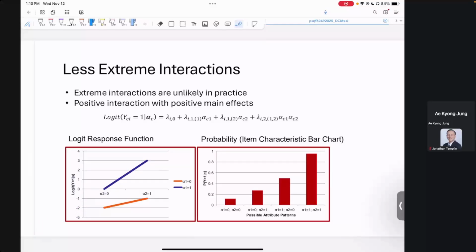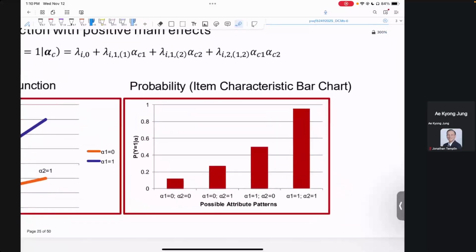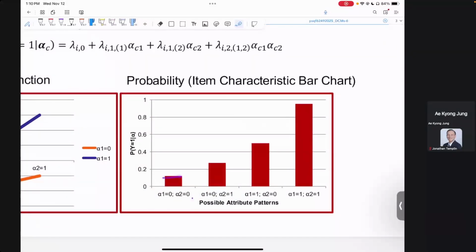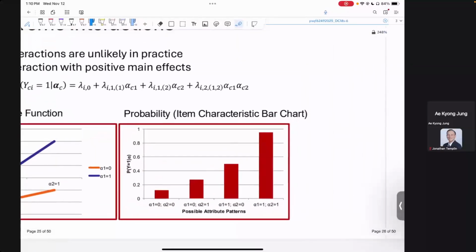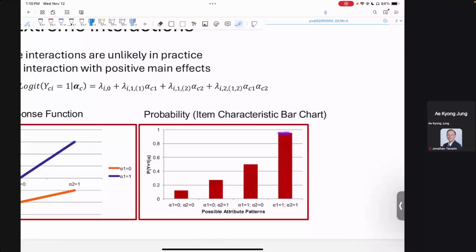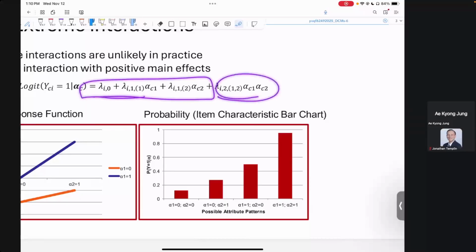Also, if you see this 0, 0 class, it has a probability of 0.12, and the 0, 1 class probability is around here, and the 1, 0 class is probably here, and this 1, 1 class has very high probability. It is higher than just summing all of these 3 intercept and main effects, because we have this. So it will be larger than just summing all of these 3.